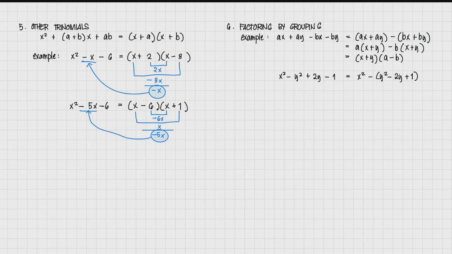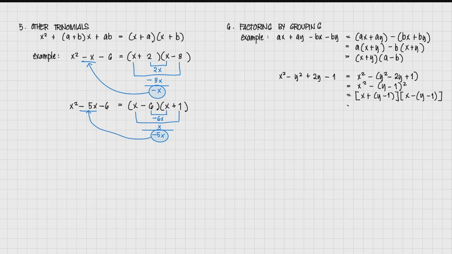So we could express this as x squared minus y minus 1 squared. Since this is still not yet in its simplest form, we could factor the difference of squares. We get x plus y minus 1 times x minus y minus 1.